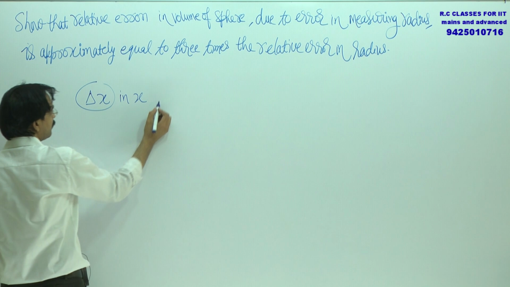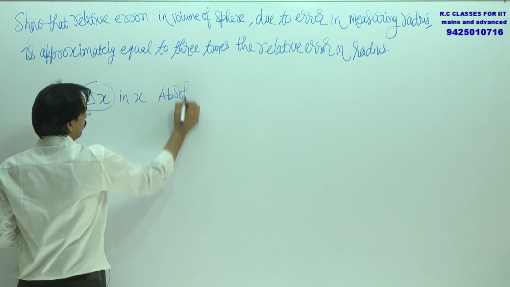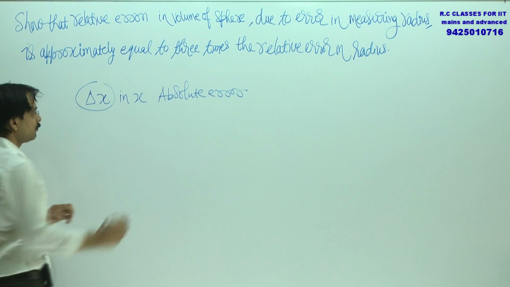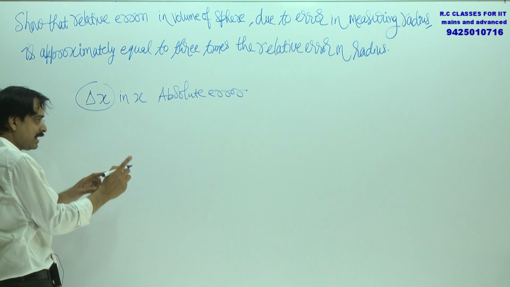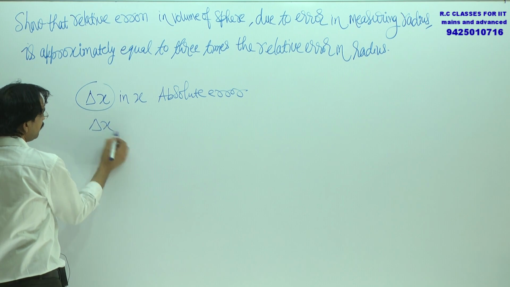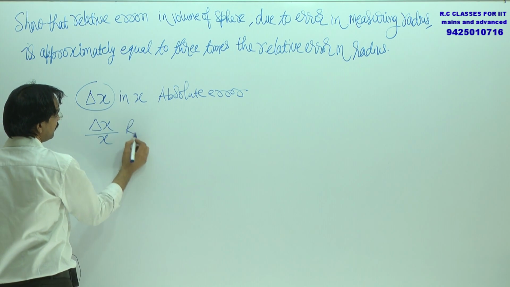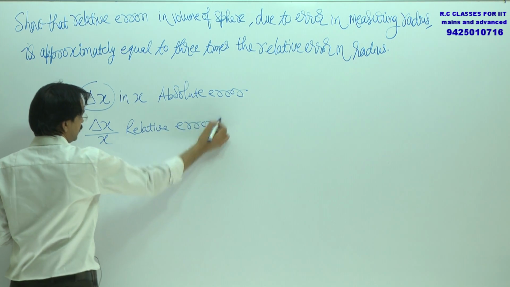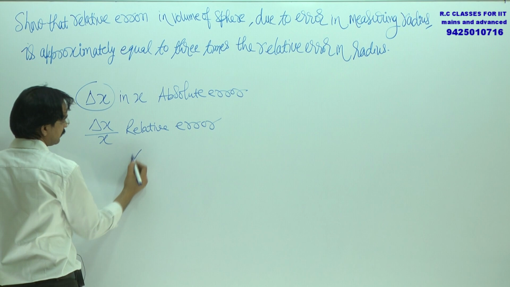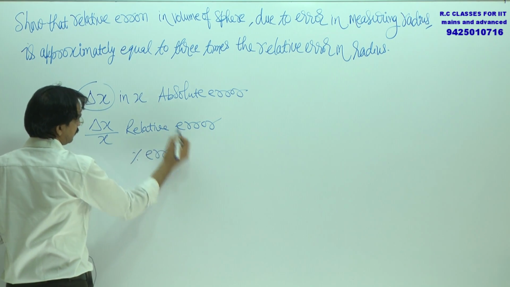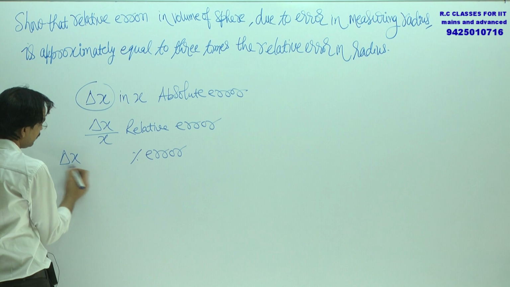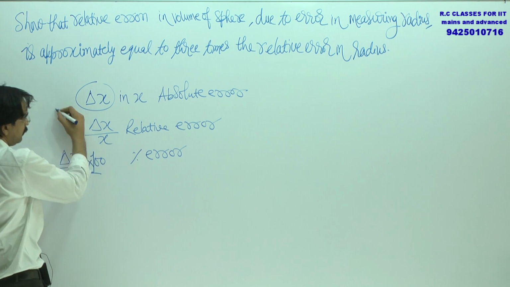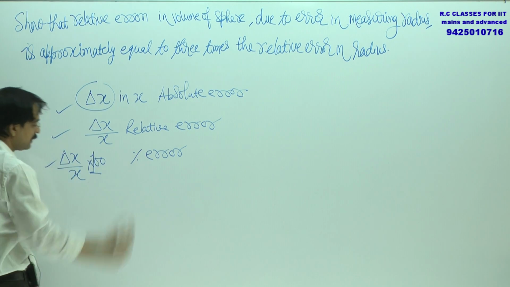We just calculate delta x. Relative error is delta x upon x. And percentage error is delta x upon x into 100.